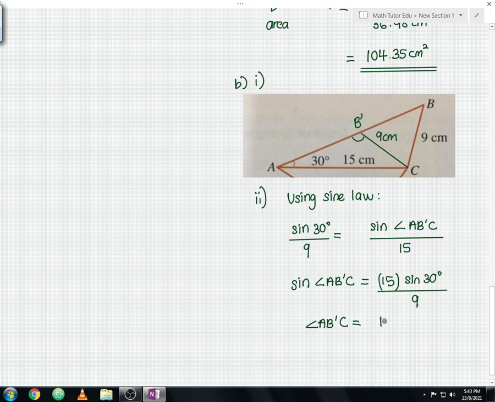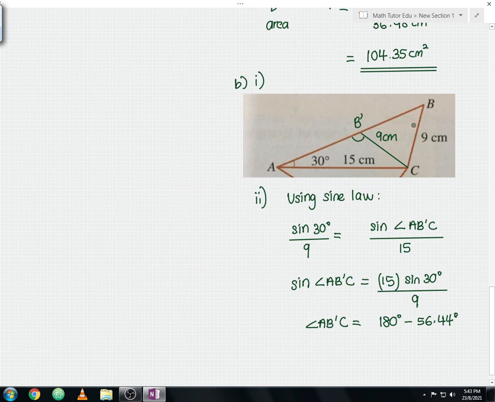Since it is an obtuse angle, from here you need to do 180 degrees minus 56.44 degrees. An obtuse angle means your angle is more than 90 degrees but less than 180 degrees. If you leave your answer as 56.44 degrees, it indicates that you're finding angle ABC, not angle AB'C.